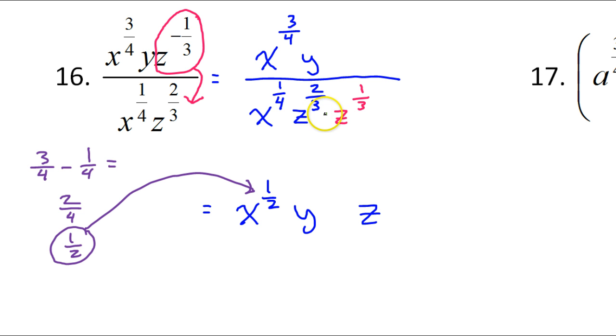Now the z's. You know what? I should be careful. These z's are all in the denominator, so whatever happens when I add these exponents, it's going to be in the denominator. I really never should have written this z right here. I should have written the z down here, because they're all in the denominator. So I have to add these exponents.